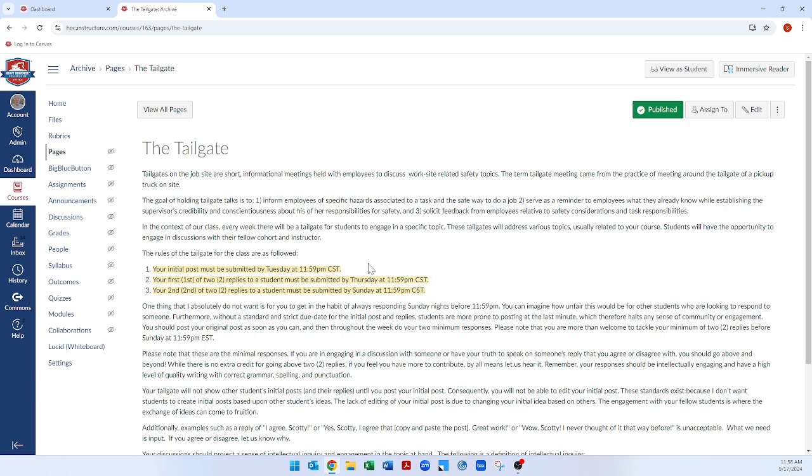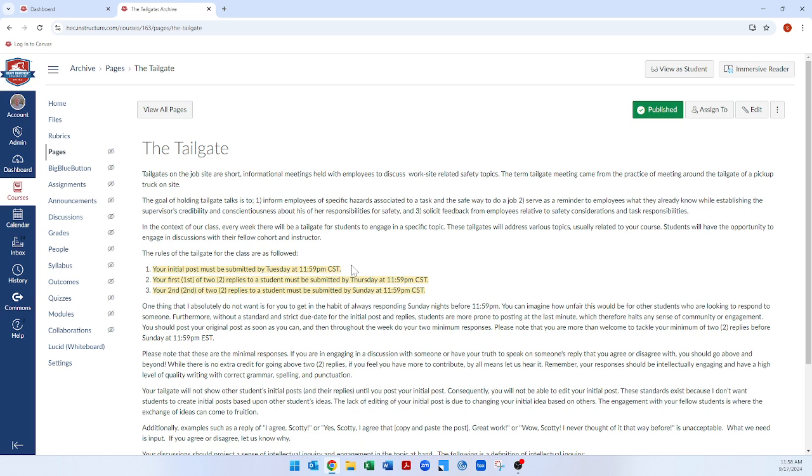Now, there are suspense times and dates, and here they are. You will have an initial post, and it needs to be done. Like the post is when you go into the tailgate, there'll be a thing up at the top left where you reply. You click that button, and then you write your initial post. And sometimes I'll tell you what I want in that initial post.